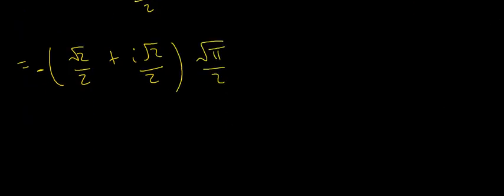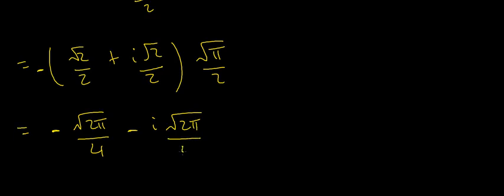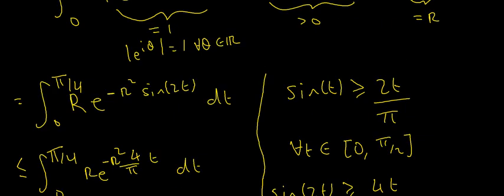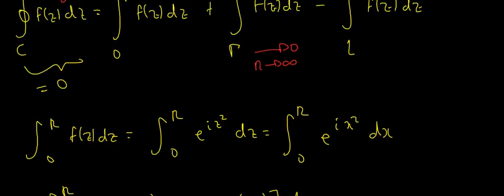And let's see if I can distribute this a little bit. That's going to be equal to negative root 2 pi over 4 minus i root 2 pi over 4. Okay, so that's the last integral taken care of.